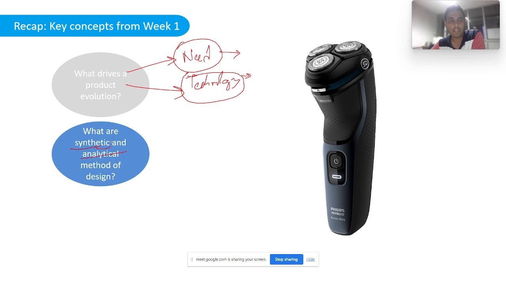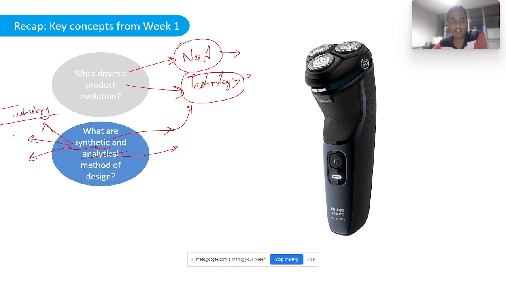What we use are terminologies like synthetic and analytical method of design. A synthetic method is like a technology driven approach. There is not only one way of synthetic product development. Technology driven can be one.